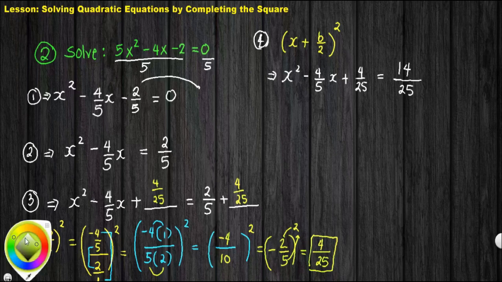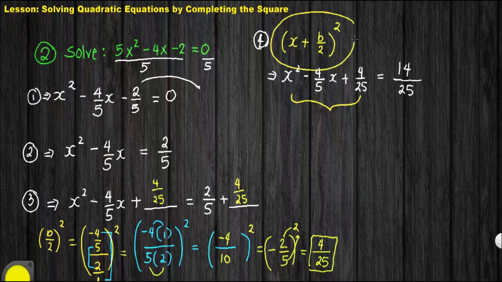Okay. So, like I said a while ago, this trinomial is a perfect trinomial, so that we can use this format to get our factor. So now, let's try. We have here x plus our b, which is negative 4 over 5 divided by 2. Okay, this looks familiar, no? Quantity squared.